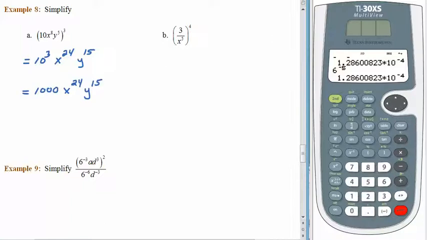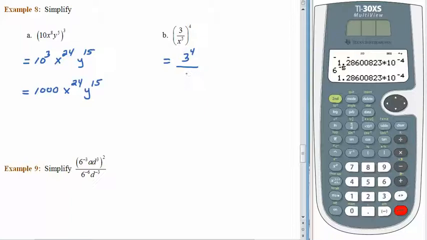Now over here in part B, we have a fraction that's being raised to a power. And that's the same. This fraction is being raised to the 4th power. If we were to write this all out, you'd see that fraction on paper in front of you being multiplied by itself 4 times. That means that you would have 3 times 3 times 3 times 3 in the numerator, which would give us 3 to the 4th.